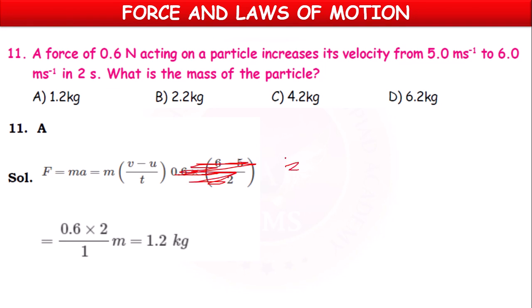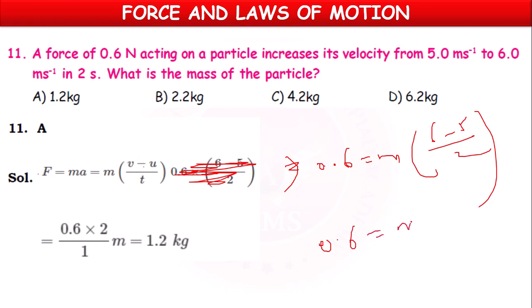Here the value of force is 0.6 newtons, equal to m, the mass of the particle we have to find, into (6 minus 5) by 2. Or 0.6 equals m into 1 by 2.